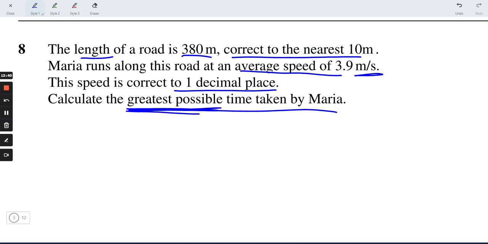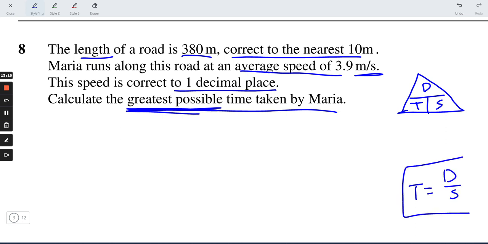Greatest possible time here, that means we have to have a lower bound and an upper bound, and to find the greatest possible time, we need to have the distance as an upper bound and the speed as a lower bound. So here, first of all, as a formula, distance, speed, time, they need the greatest possible time taken, so time is equal to d over s.